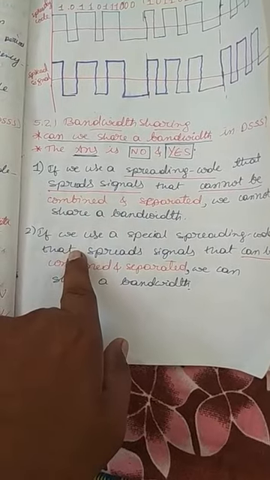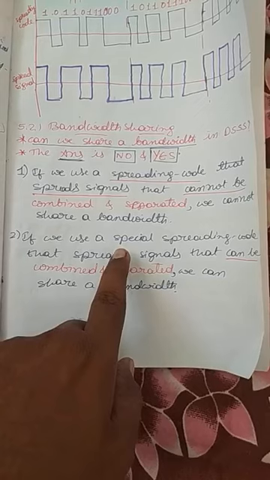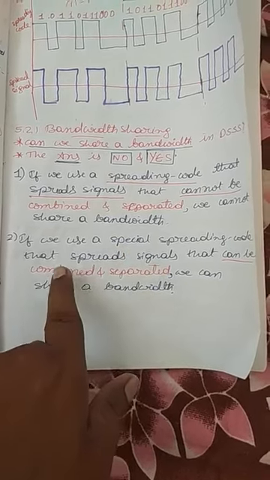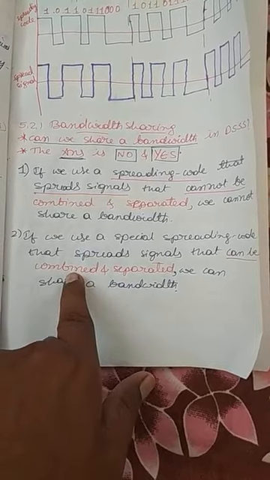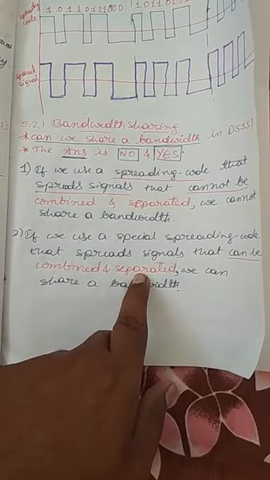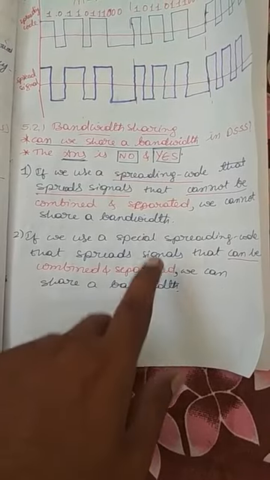Next, when can we share the bandwidth? If we use a special spreading code that spreads the signal so that it can be combined and separated, we can share the bandwidth.